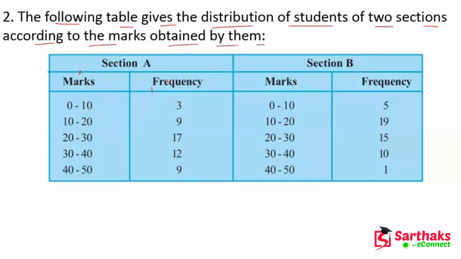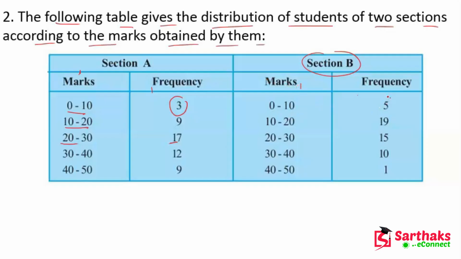It means there are a total of 3 students having marks between 0 to 10, 9 students having marks 10 to 20, 17 students having marks 20 to 30, and so on.